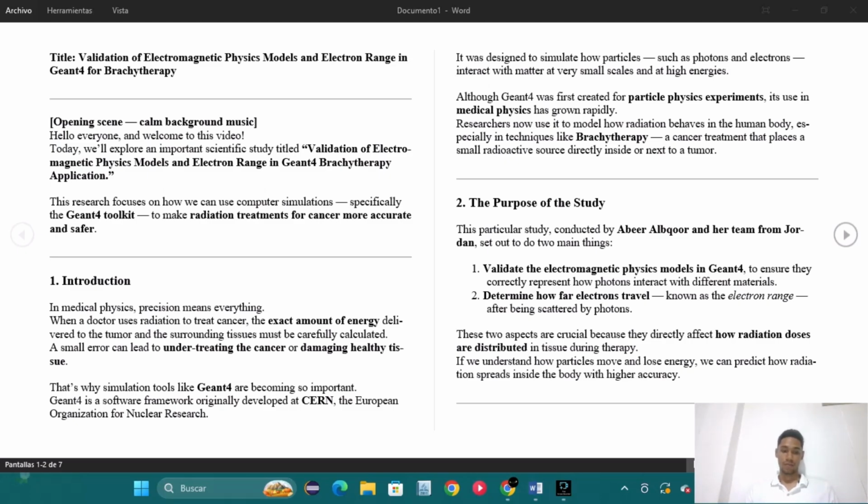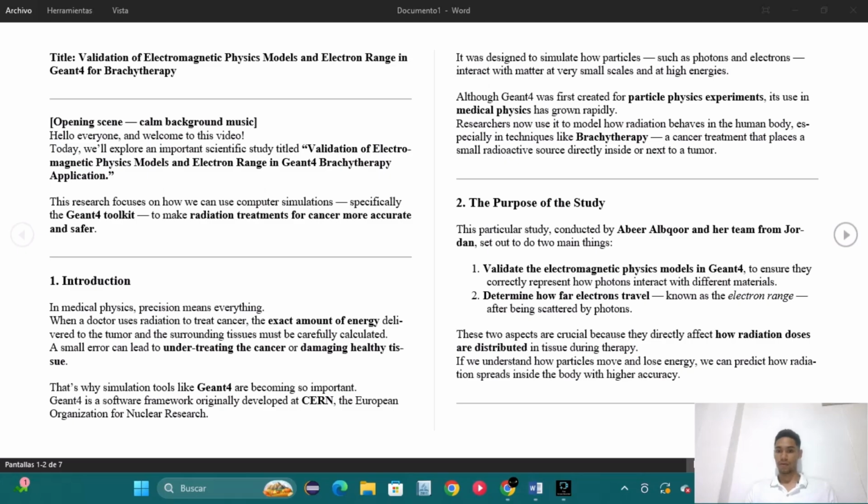Geant4 is a software framework originally developed and sold by the European Organization for Nuclear Research. It was designed to simulate how particles such as photons and electrons interact with matter at very small scales and the highest energies.